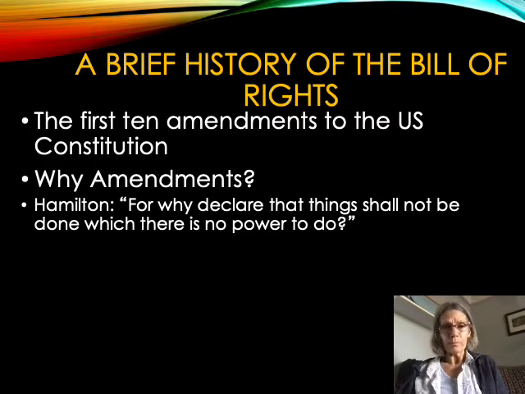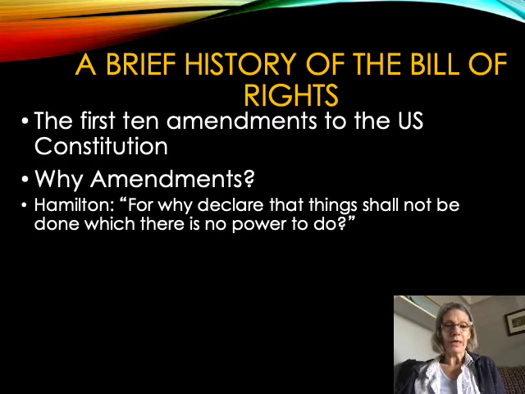And so, as you read in your textbook, as a part of the ratification process, there was an argument from the states, and I think I've mentioned this in previous lectures, that states didn't want to ratify the Constitution because it didn't provide these protections for the state power and for the individual freedoms of the people that lived in the United States.